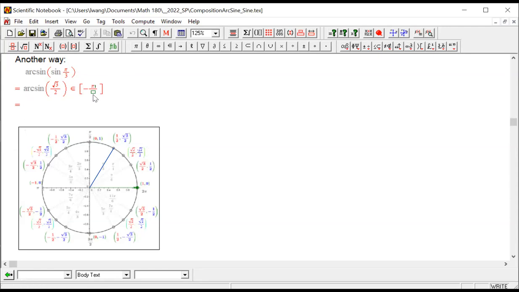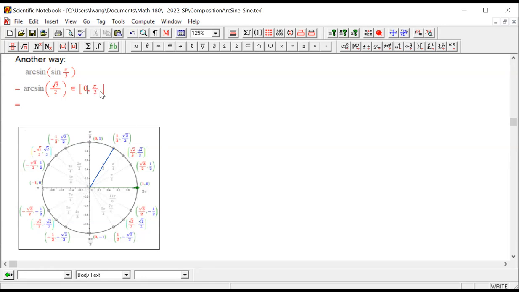You just think out aloud in your mind. You don't have to show it, but it would be nicer if you show it properly. In your mind, you expect an angle for arc sine √3 over 2 between negative pi over 2 and pi over 2. In particular, it's going to be a positive angle, from 0 to pi over 2.